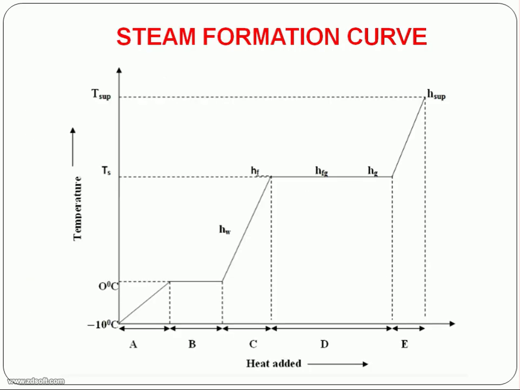This means the liquid phase of water is transforming at the same temperature from liquid to the gaseous phase. Over here, at the HF point, we have 100 degrees Celsius water. When we reach this point Hg, over here we have 100 degrees Celsius dry steam.